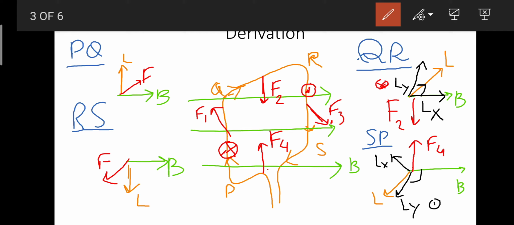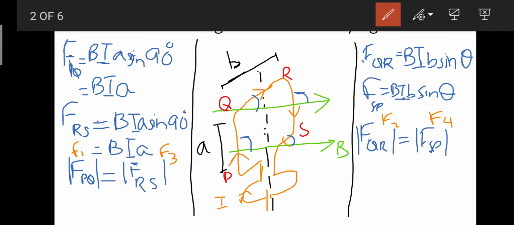Now if I really want to show this with the formulas, coming back to the slide, we see that FPQ was directed into the page, and FRS was directed out of the page.